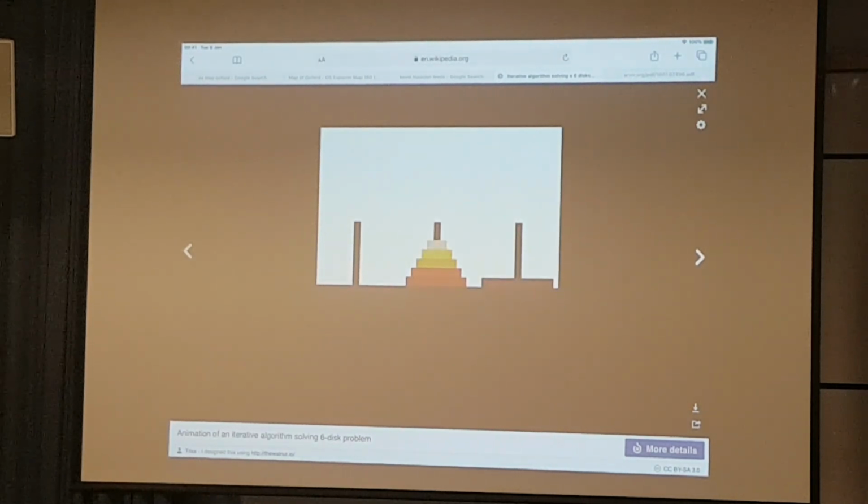There, that's the halfway point, where you've moved them all to the middle. And then you do the same again. But we'll be here all day, so we're getting there. Okay, done.